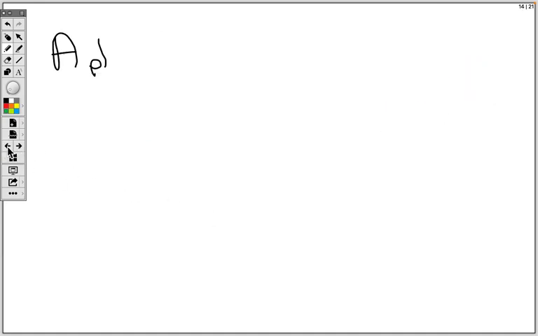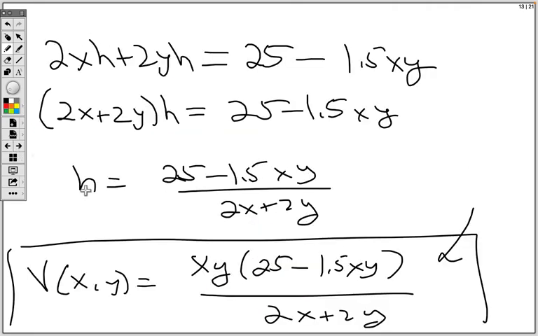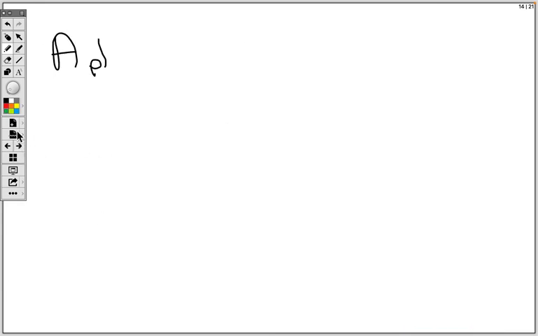Are we going to have to worry about this being 0? If x and y are both positive, can that denominator ever be 0? No. So there we go. And that's about it.